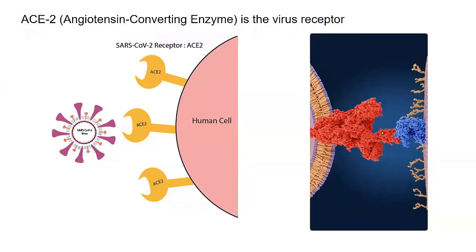Boom, right there. This right-hand picture is the same, but a much more detailed perspective. This blue thing here is ACE2 on the surface of the human cell. This red is the viral spike protein, and you can see it reaches out and fits with the ACE2 receptor. Once this virus has stuck to the cell, then it will start the sequence of getting its RNA, which is not shown, but the RNA is in here, getting it into the cell.